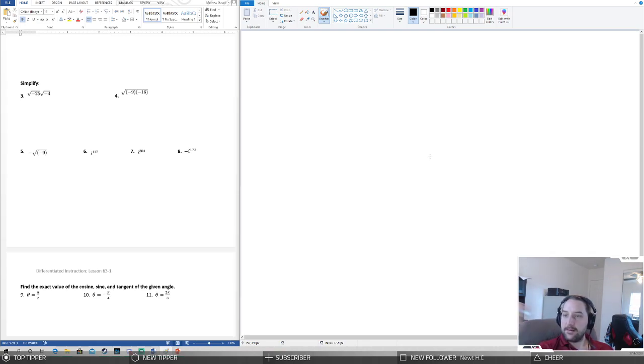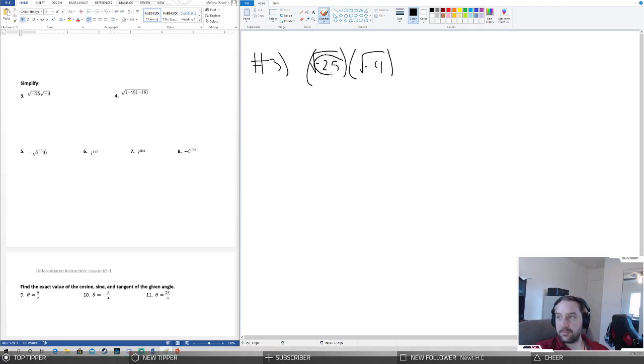So number 3, and I'm going to do number 3 and number 4 because they're slightly different. If you notice on number 3, the negatives are not together inside the square root. But in number 4, the negatives are together inside the square root. So we have to think about how things are grouped. The root negative 25 is separate from the root negative 4.